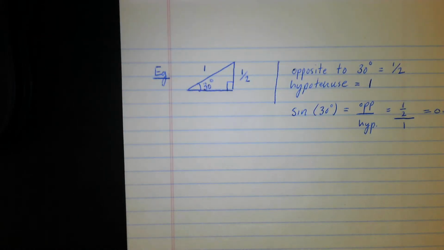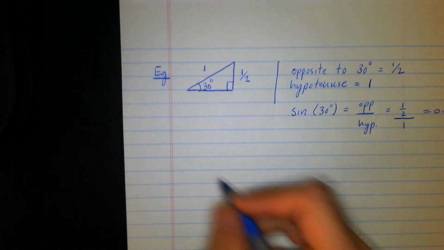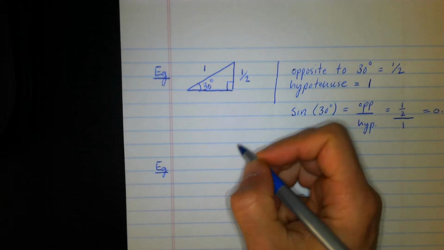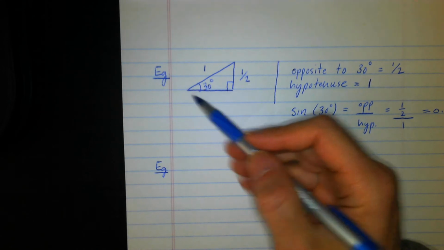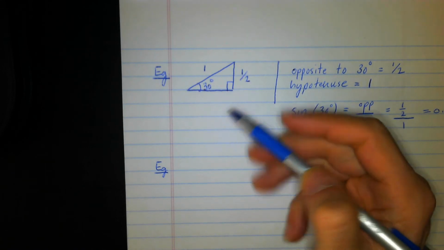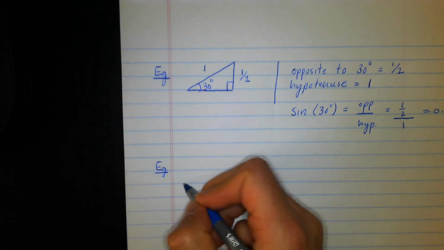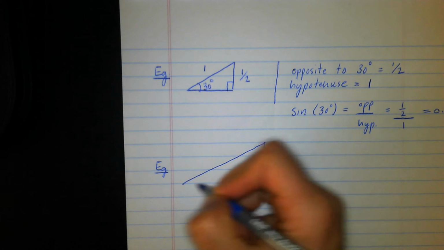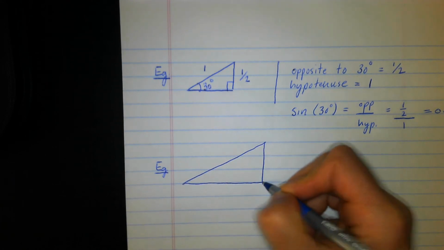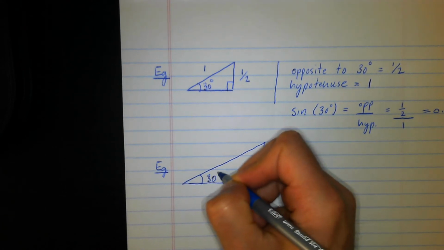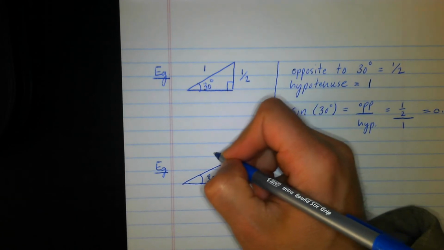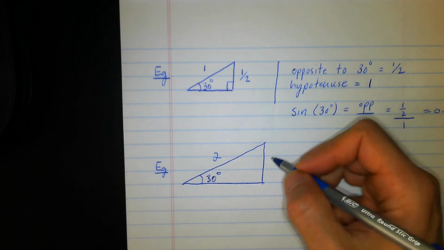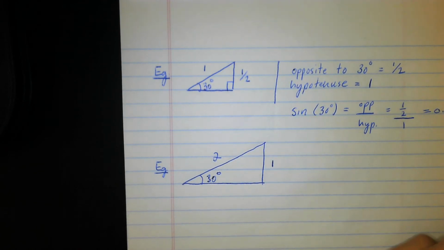All right, so let's try that again. The point I'm trying to stress here is this. If I were just to extend each of these sides by a factor of 2, what would happen? If I were to extend both these sides by a factor of 2, but I didn't change the angle itself, that would give that a length of 2, and then all of a sudden this would have a length of 1 here.